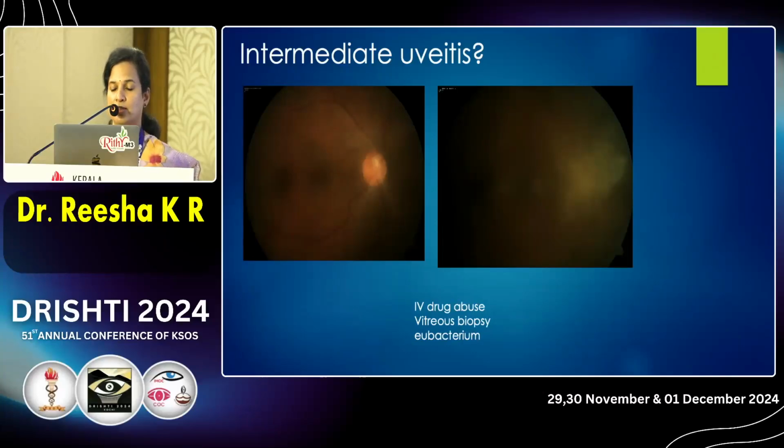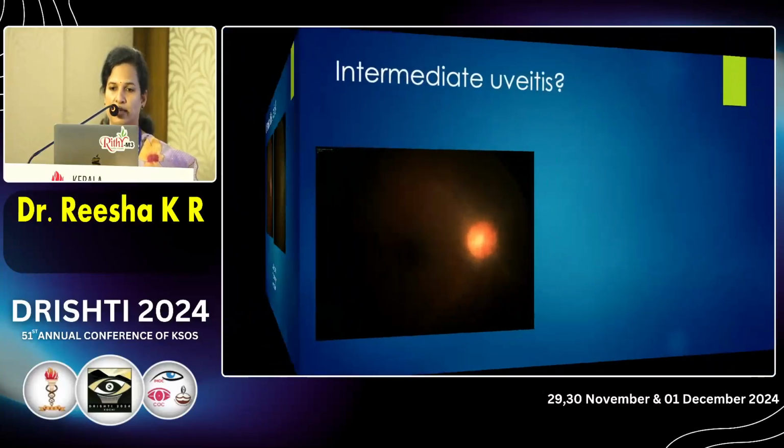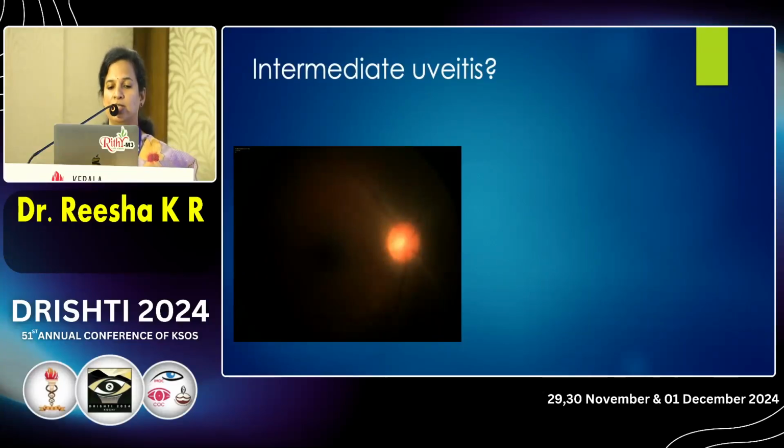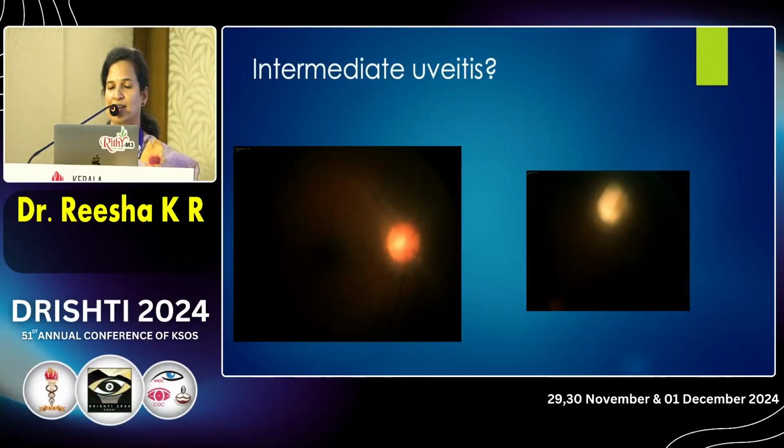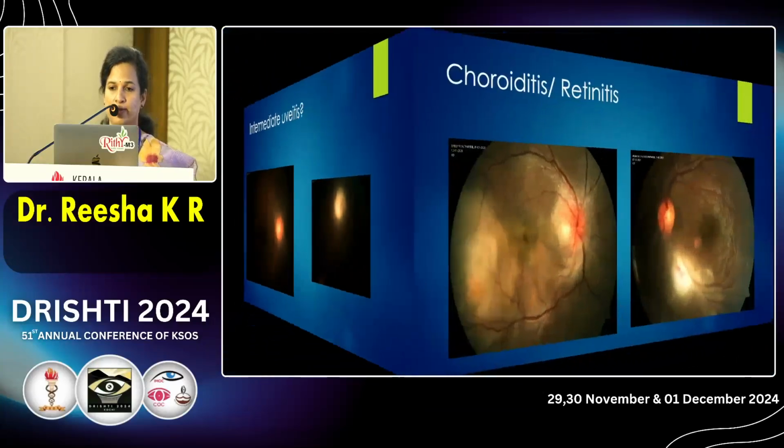So that was a case of endogenous endophthalmitis again. This patient again was treated as intermediate uveitis before with systemic steroids and no improvement. See, detailed fundus examination shows a peripheral toxo lesion. So examination of the eye as a whole is also very important.